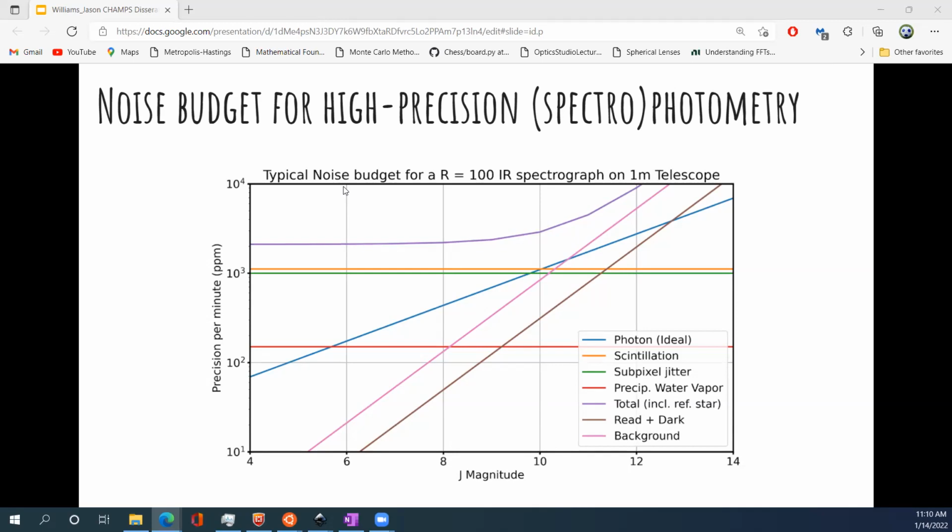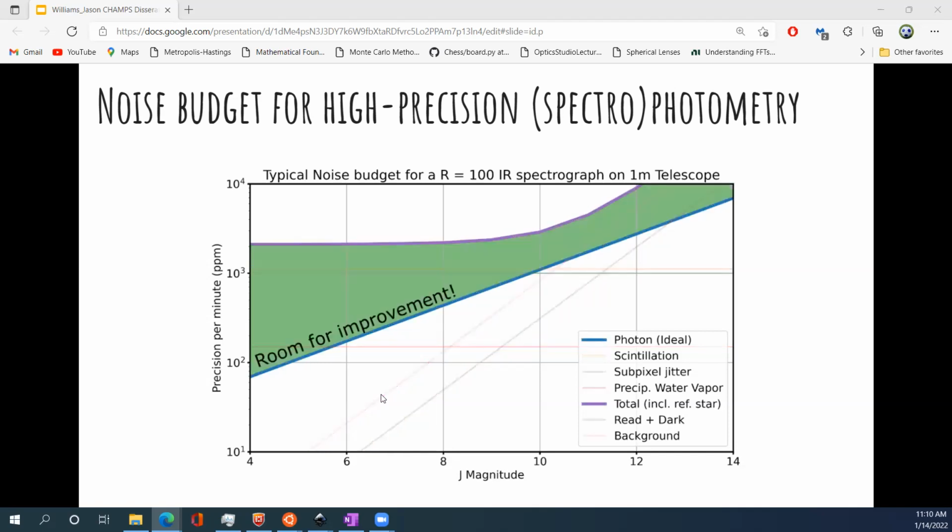To do that, we need to actively mitigate some of these noise sources. From this plot, you can see that there are a lot of noise sources, and these are just the most dominant ones. There's a lot of room for improvement.